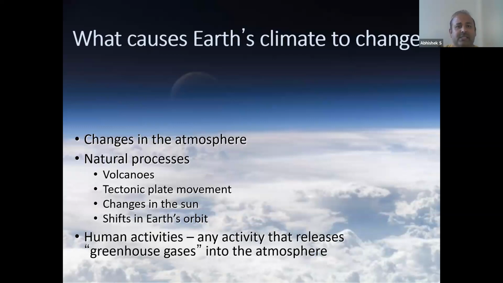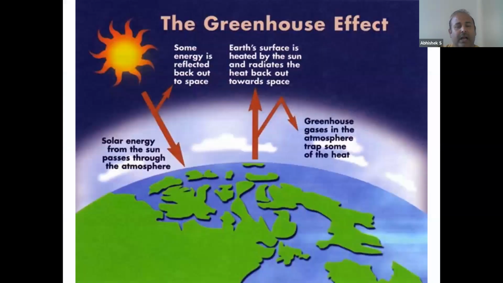The greenhouse gases are gases that are released into the atmosphere. These are very common gases that we know in day-to-day life, like carbon dioxide, methane, nitrous oxide, which are produced through our activities. The most prominent way carbon dioxide is generated is the burning of fossil fuels: in your vehicle you burn petrol or diesel, and in power plants you burn coal.